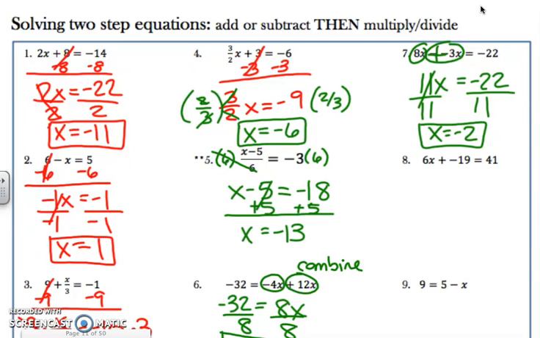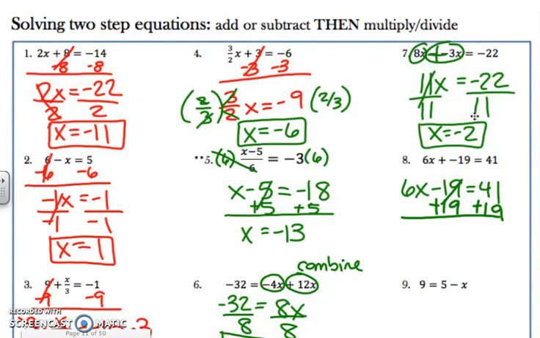Okay? Number 8 looks a little bit tricky because they've got 2 signs right beside each other. The same thing as plus and negative is the same thing as a minus. So I'm going to rewrite this problem. 6x minus 19 equals 41. Okay? So we can ignore that plus sign because I know the opposite of this negative 19 is going to be a plus 19. So that's what I'm going to do to both sides, plus 19.